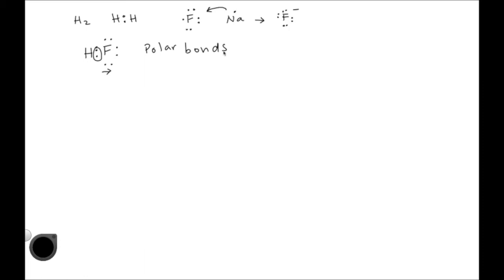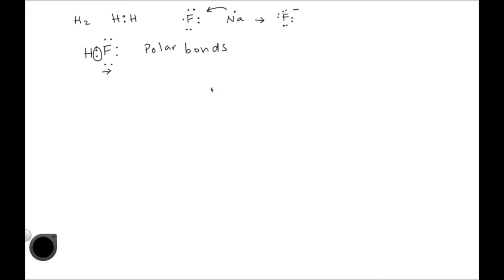So in a covalent molecule with a polar bond like hydrogen fluoride, the electron density shifts from hydrogen to fluorine, since fluorine is more electronegative than hydrogen. So the electron density shift is represented by an arrow above the Lewis structure, like so.